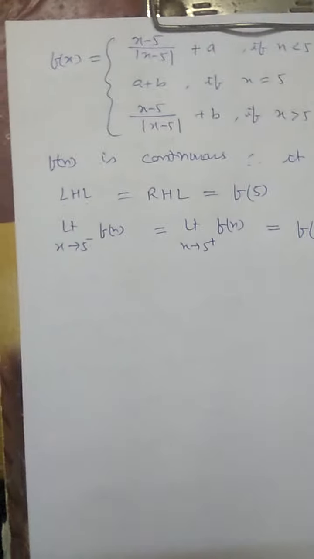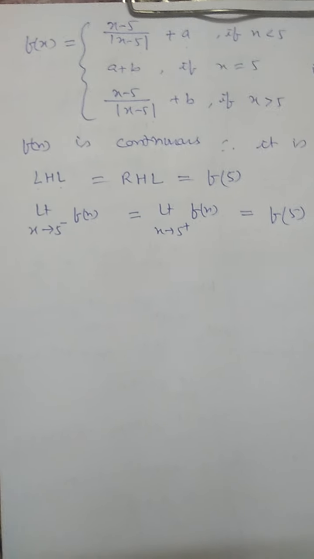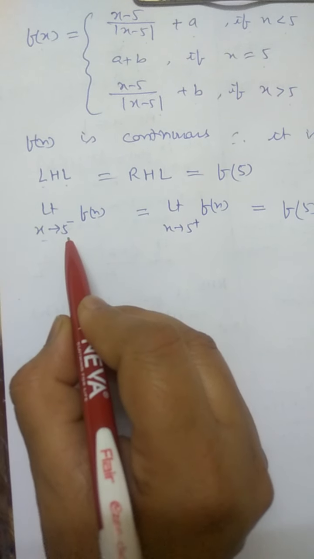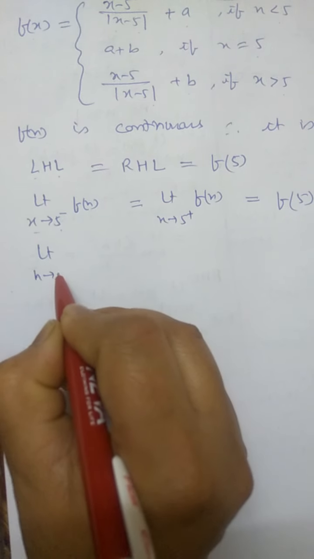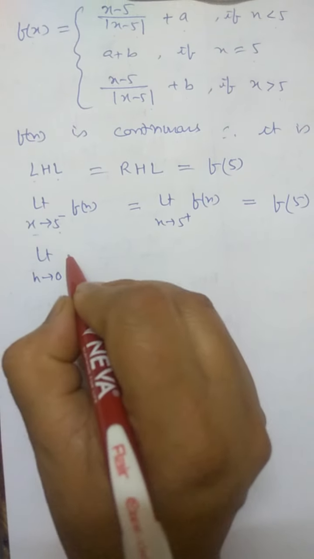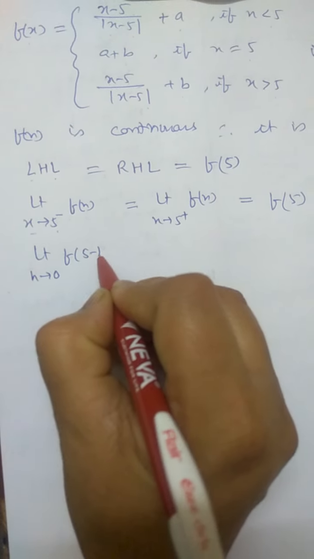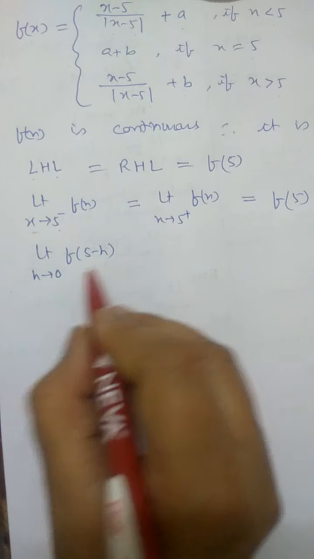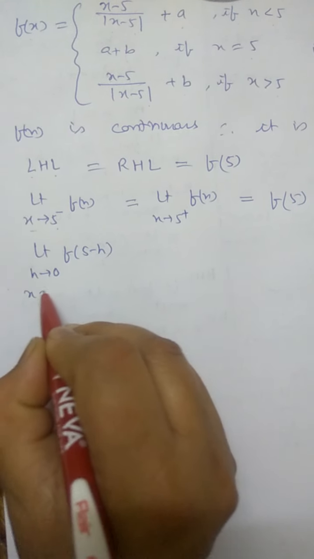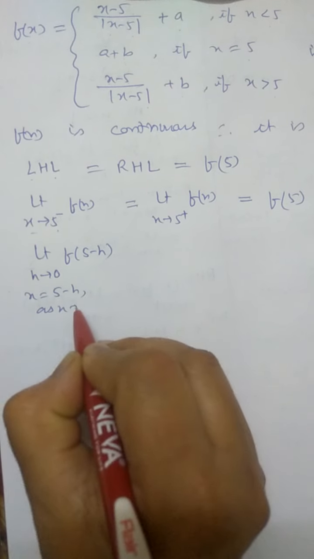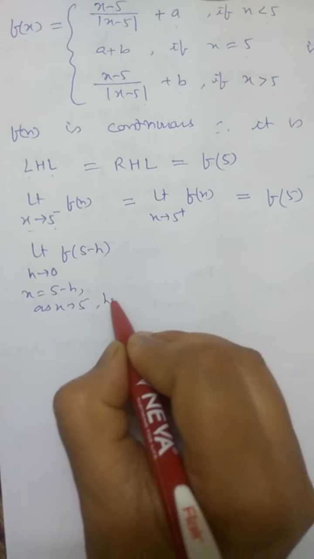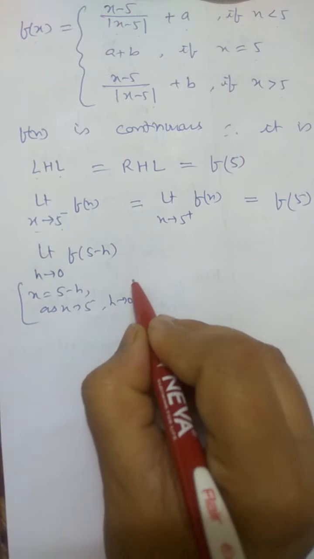And now substitute these values in the function. Here limit x tends to 5 negative, we have to take the substitution. What will be the substitution? f of 5 minus h, x is equal to 5 minus h, as x tends to 5 negative, h tends to 0. This is the substitution.